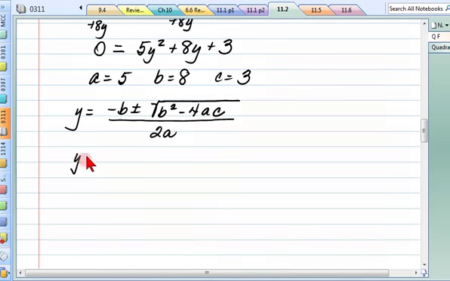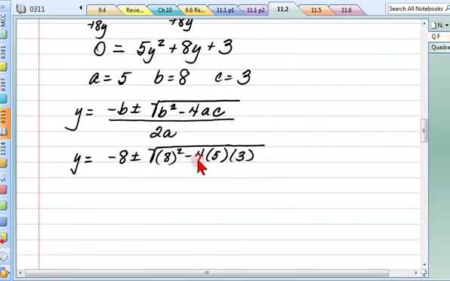All right, so y is equal to, what is the value of -b, the opposite of b? It's -8 plus or minus the square root of 8 squared minus 4 times 5 times 3. So it was -4 times a times c. And that's all over 2 times the value of a, which is 5.